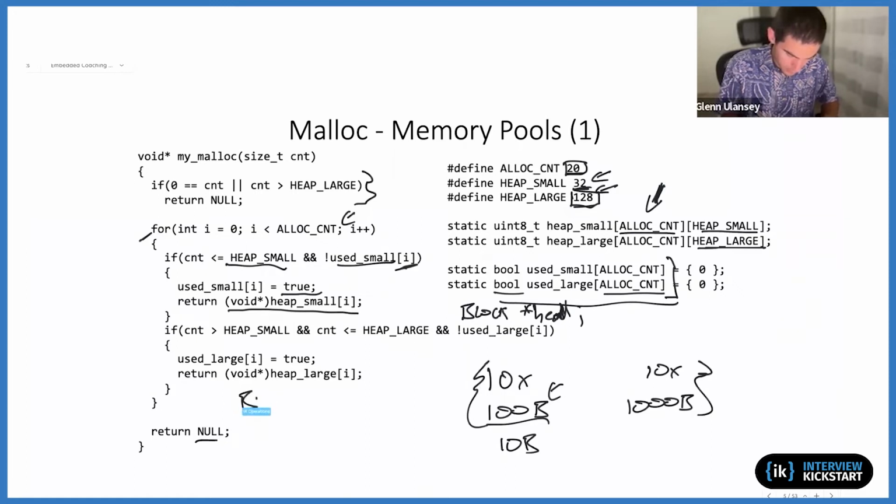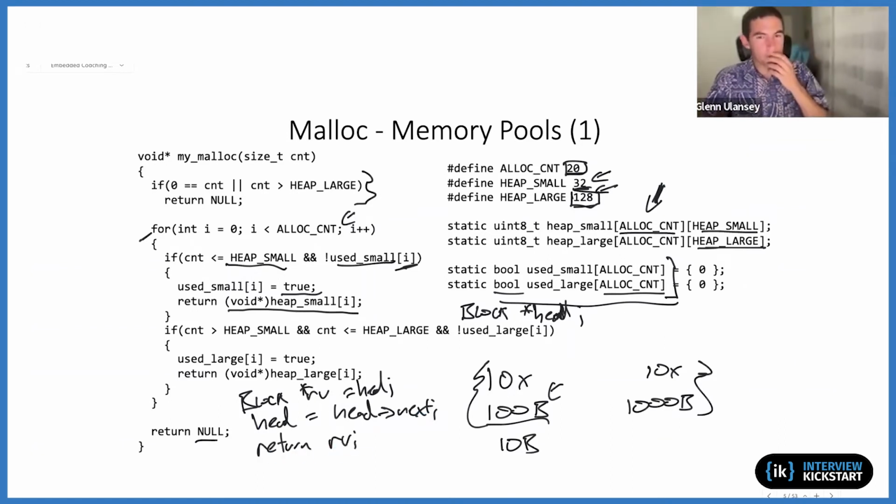We would do block return value equals head, head equals head next, return RV. So if we instead had a linked list, and that linked list contained all of the free blocks that were available at this time, our malloc implementation could literally be that simple. Just take the first thing off the list and return it.